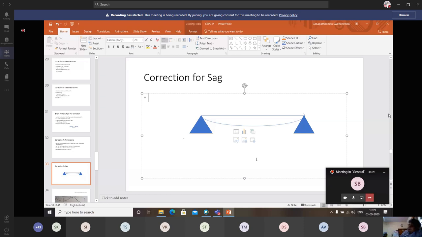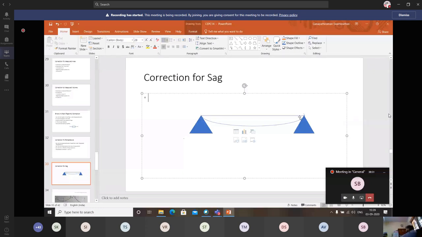It is a suspension bridge. But this suspension bridge is subjected to overturning, so I will not go very deep into it. But what I try to impress upon is what is the shape of this curve actually?